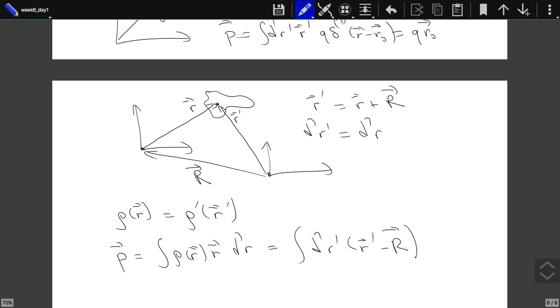Instead of the small r vector, I use the R prime vector minus the small r. And then rho of R is nothing but rho prime of R prime.